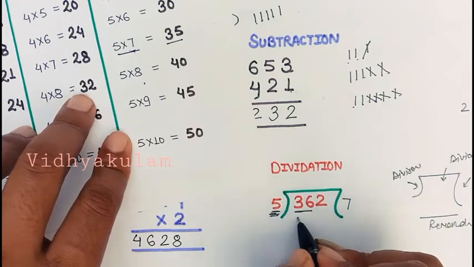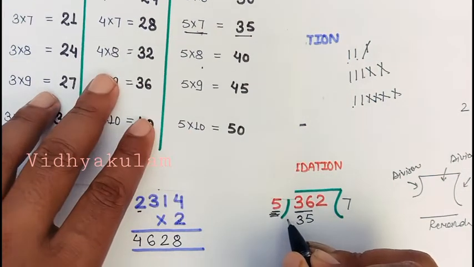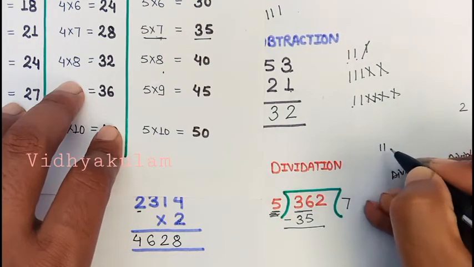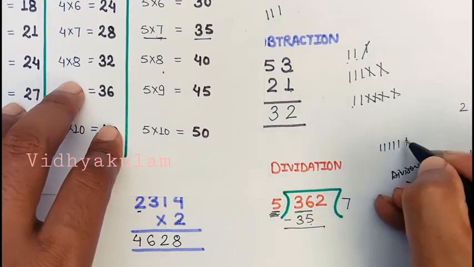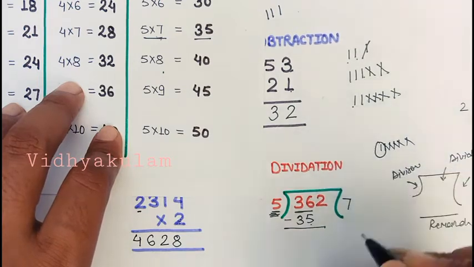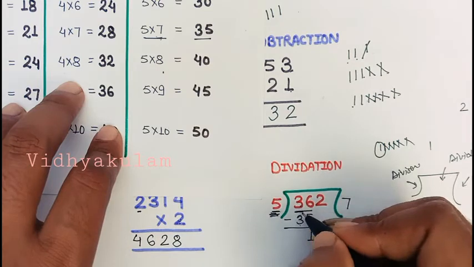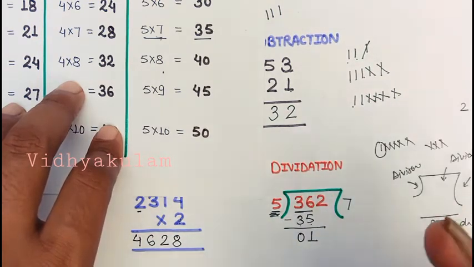So 35 is written here, and simply subtract it. First we will draw 6 lines, 1 2 3 4 5 6, and cut 5 of them, 1 2 3 4 5. So the answer will be 1. So here we will write 1. And if we subtract 3 from 3, 1 2 3, cut 3 of them, no line means 0.